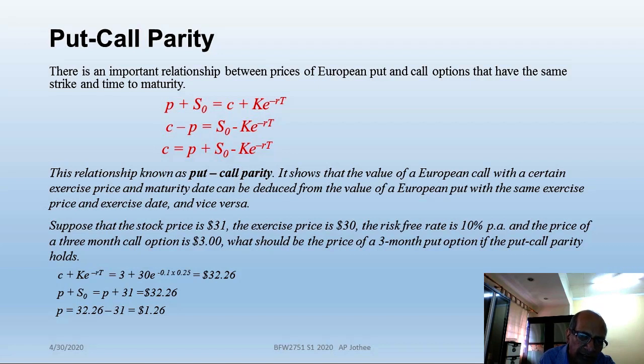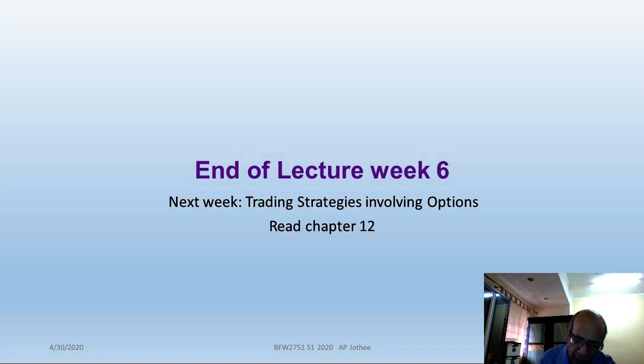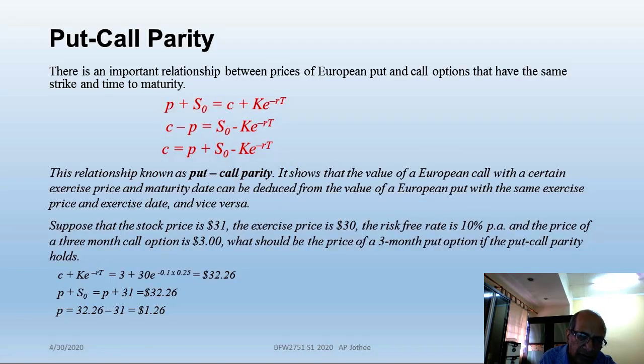So you have S0 now as 31, and you have the strike price. Now C plus K e to the power of minus RT equals $3 plus the present value of 30, which should be 32.26. You already calculated this part of it. So you got C plus K e^(-RT) as 32.26.